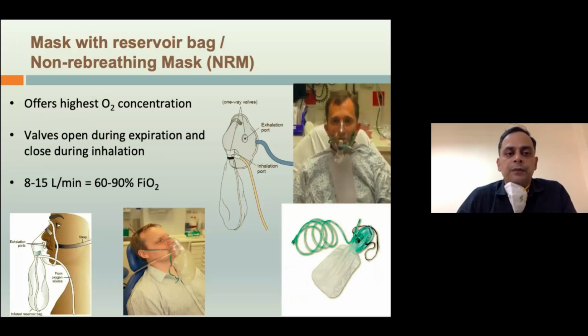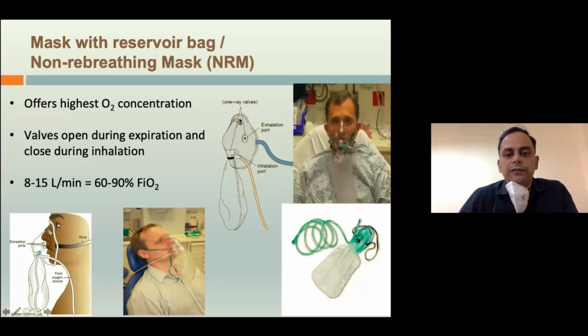In this, the fresh gas we are using is from 8 liters to 15 liters per minute. And depending upon the fresh gas, the FiO2 will be delivered to the patient. We can provide as high as 90 to 95% oxygen to the patient.